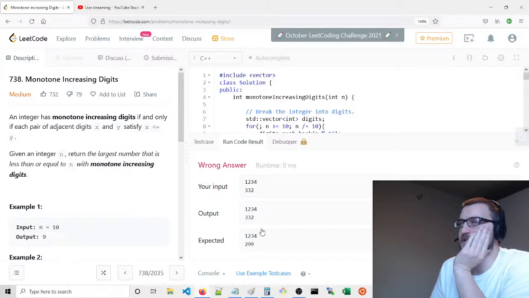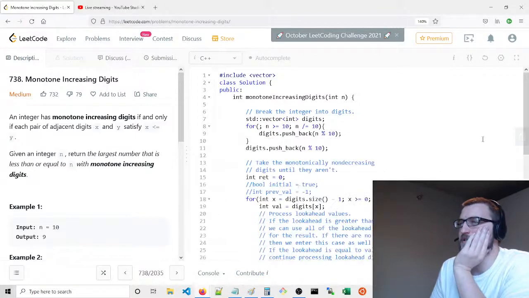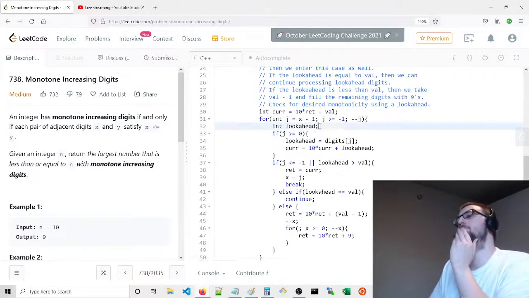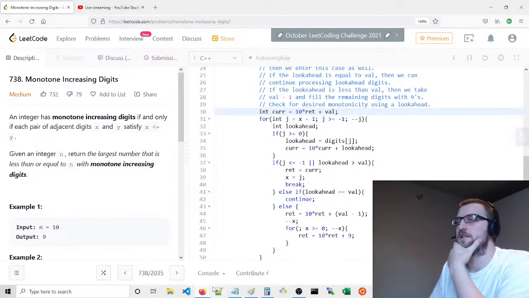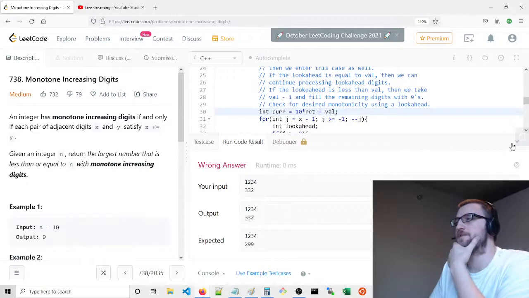Okay, it's wrong. 1, 2, 3, 4, 3, 3, 2. Alright, 1, 2, 3, 4 we got, but 3, 3, 2 is wrong. Really? Current equals 10 times ret plus value, which would be 3. So, yeah, we process 3, 3, 2.